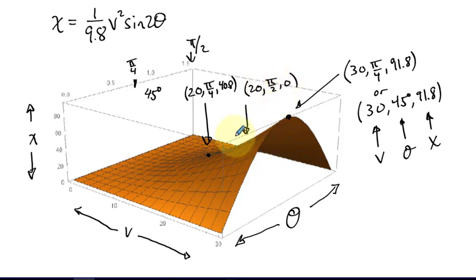So you get that point back there, right at 0 on the x scale. Another point identified here is initial speed of 30 meters per second, launch angle pi over 4, or 45 degrees, and that produces a horizontal range of 91.8 meters.